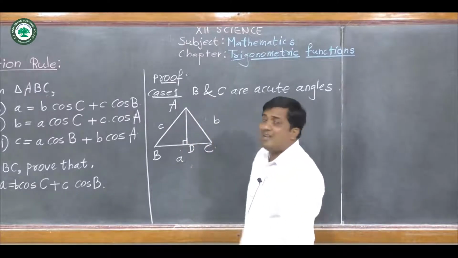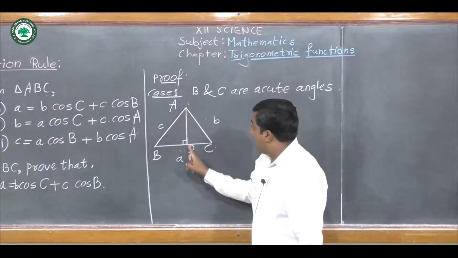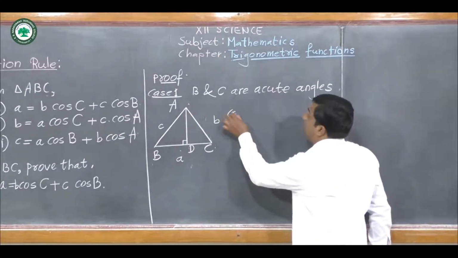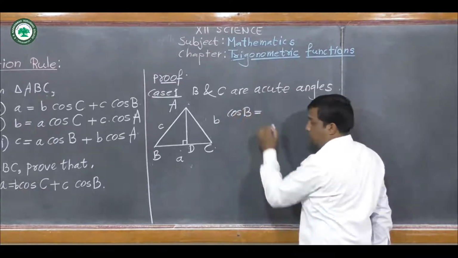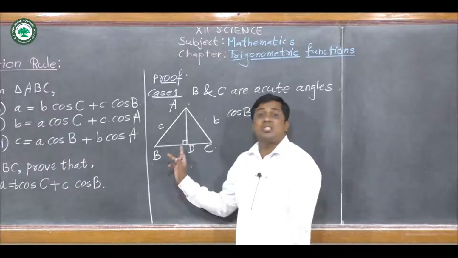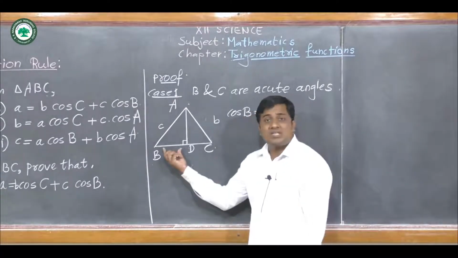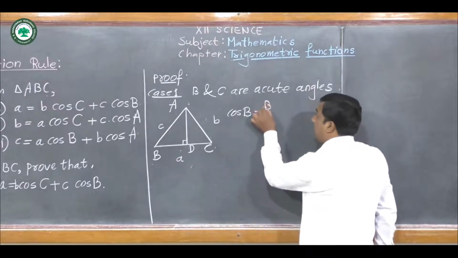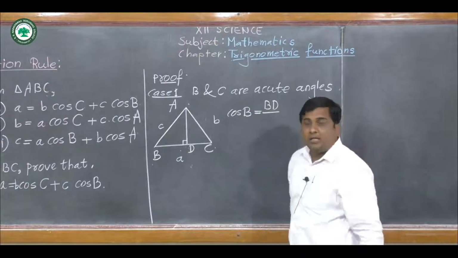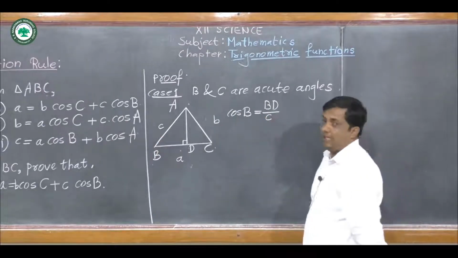Let's define cos B. In triangle ADB, cos B is equal to, as everyone knows, the adjacent side over the hypotenuse. The adjacent side is BD, and the hypotenuse has length c, so cos B = BD/c.